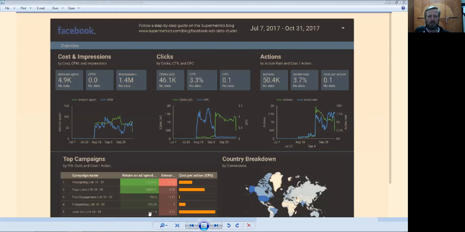So logic tells me if this was newer in the US, then they opened up the country only recently for whatever they're trying to advertise or sell. Then that might be the reason why there's only US information for lead generation, but not prospecting, post engagement, page likes, retargeting. I'm guessing what this means. Every person uses different words. There is a rule of thumb on advertising terminology, but every person can use different words. Retargeting, I might think it might be something like resales.